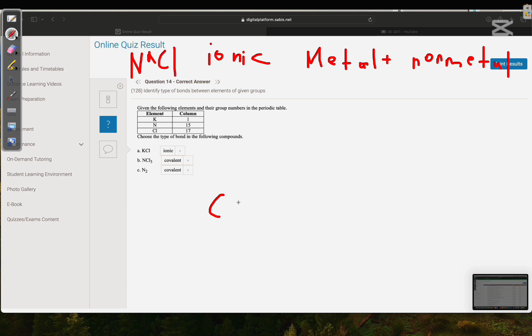Meanwhile, on the other hand, covalent is two or more non-metals.